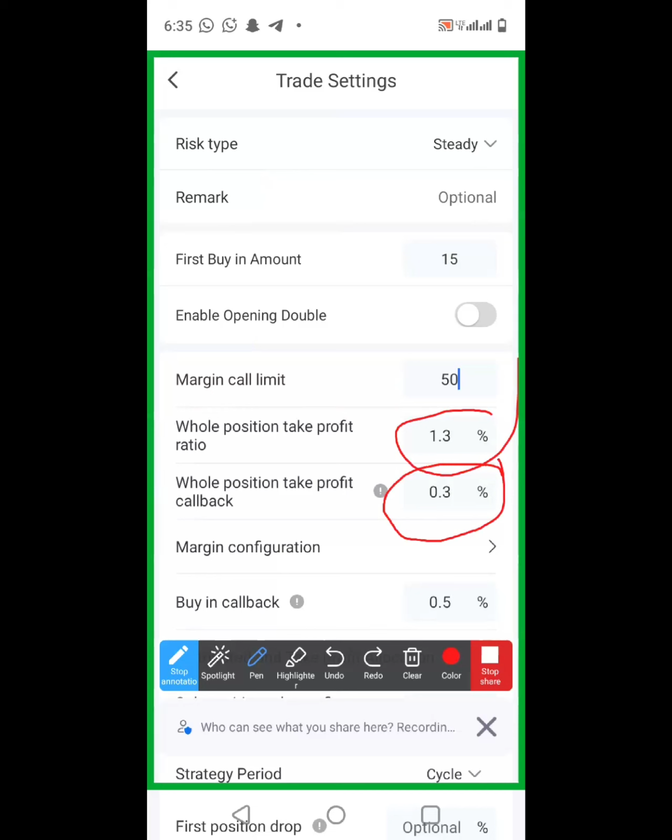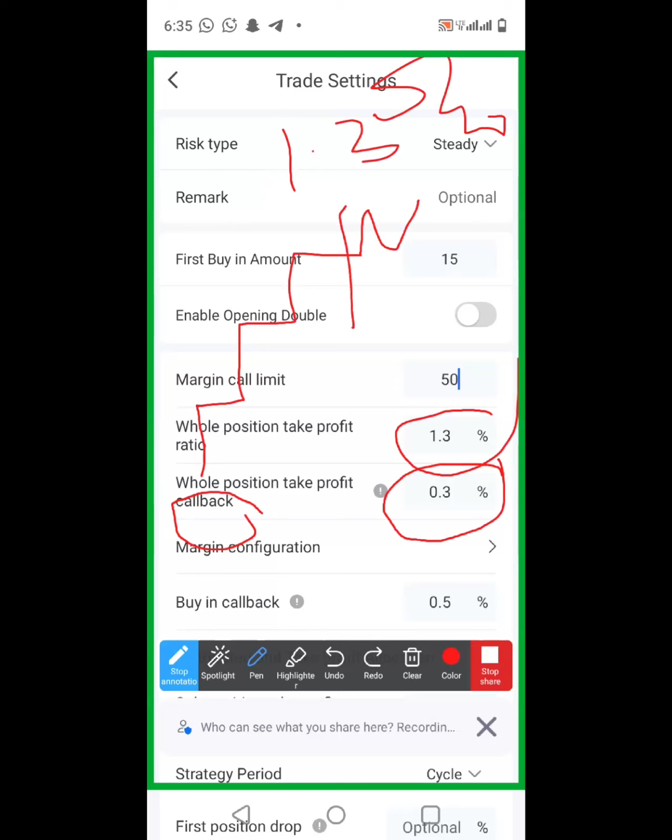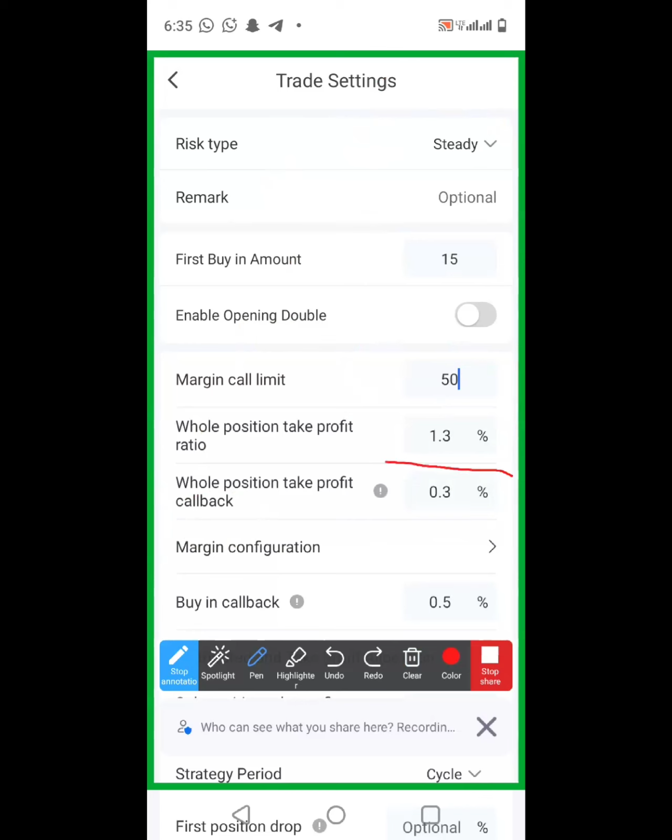That is the callback. It means you are reminding the robot that once the market starts coming up and gets to 1.3%, and then drops, please take my profit for me. So that is the whole position take profit callback. Thank you so much, Leader Kiki Success.